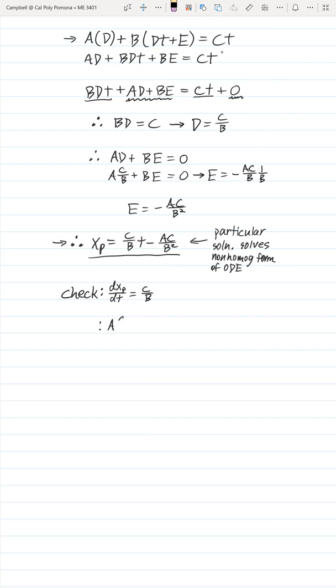a times c over b plus b times the overall function, c over b times t minus ac over b squared, is equal to c times t if everything has been done correctly. So clearly we get an a times c over b.